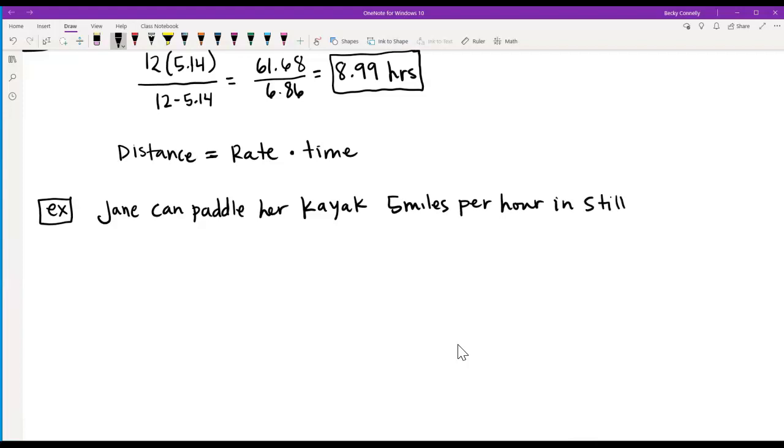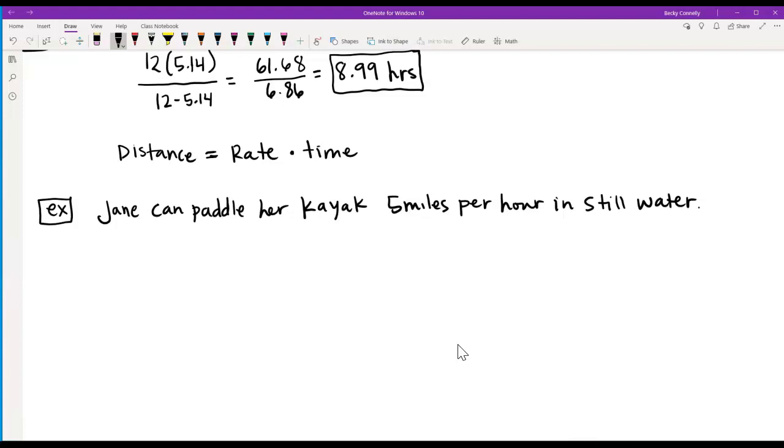And remember, that just means that it's not a river we're on. It's like on a lake. If you're in still water, then there's no current, okay? That's what we mean by still water.